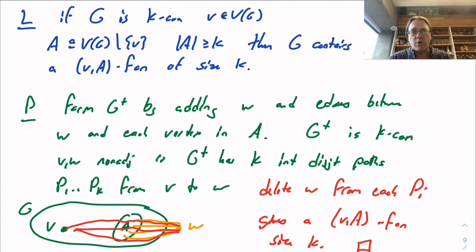If you're trying to find structures in your graph, having a vertex and many paths that start at that vertex and go to some set is a useful thing. We're going to give one nice example of that with our last theorem from this section on connectivity.